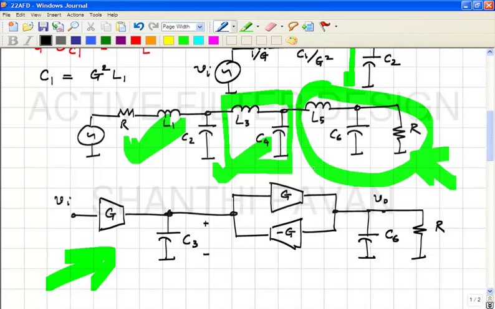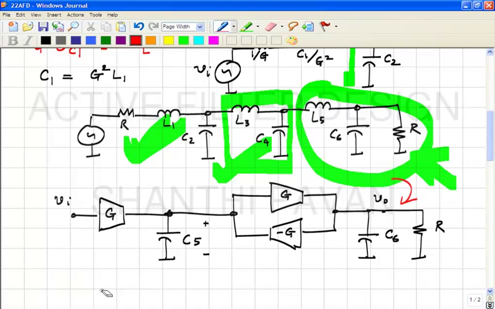No, I just want to realize this character. This will become C5. Is this clear? All right. And how will I hook this up to the previous section?